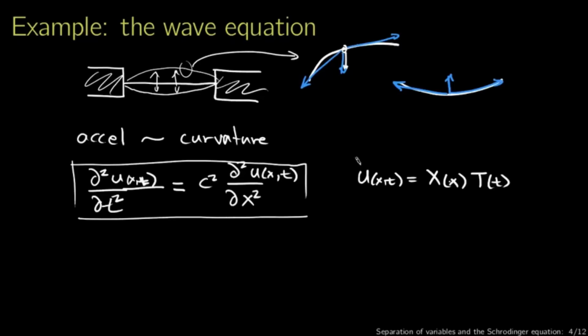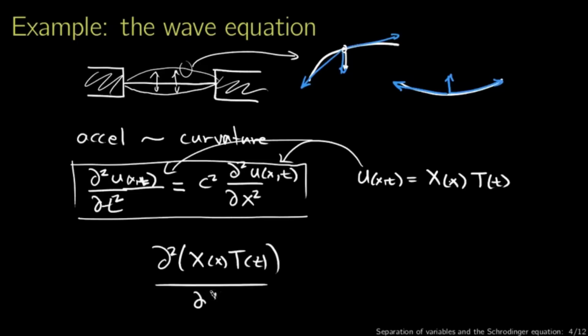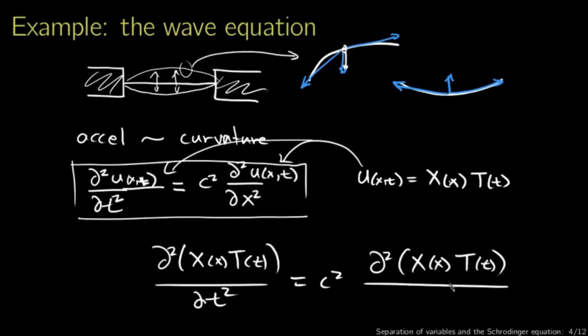So if I substitute this u into this equation, what I end up with is the second derivative of X times T, with respect to time, equals c squared times the second derivative of X times T, with respect to position.